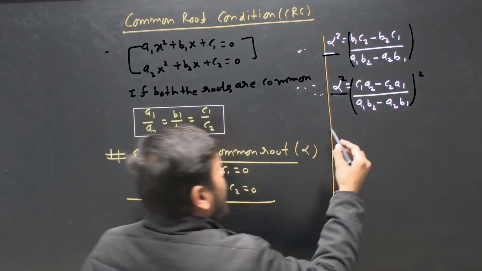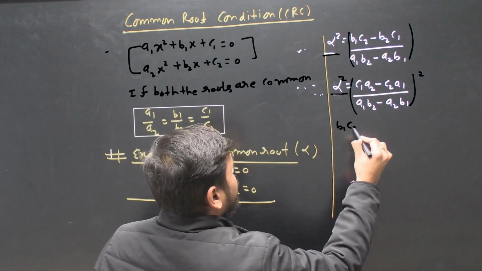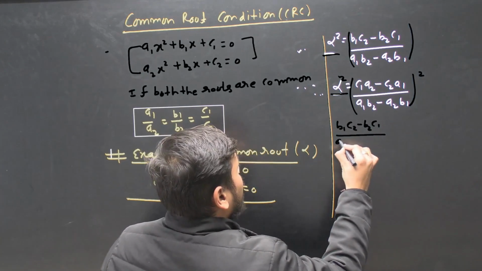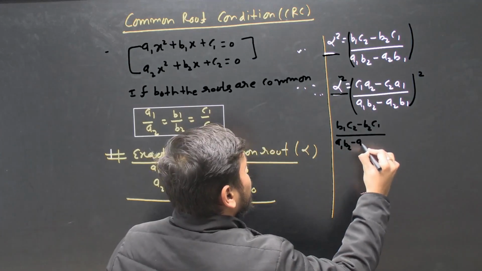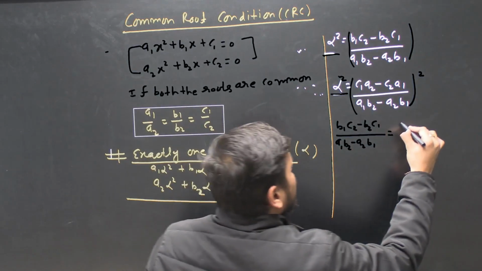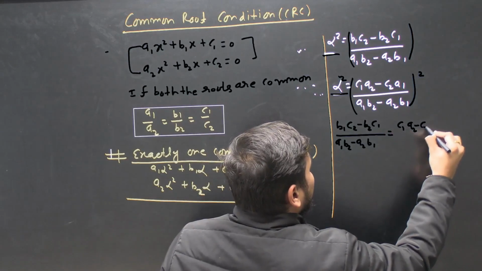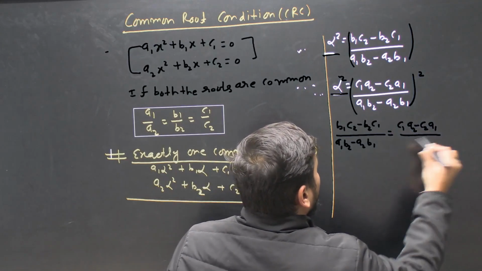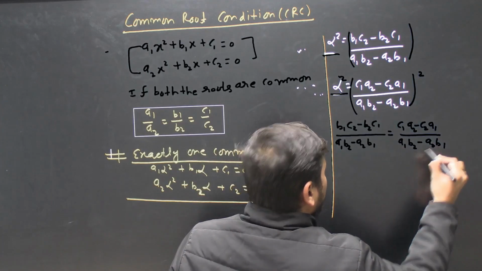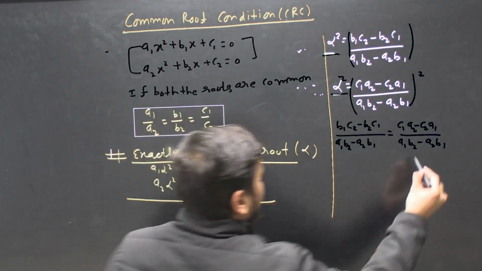So b1 c2 minus b2 c1 upon a1 b2 minus a2 b1 should be equal to c1 a2 minus c2 a1 upon a1 b2 minus a2 b1, whole square.